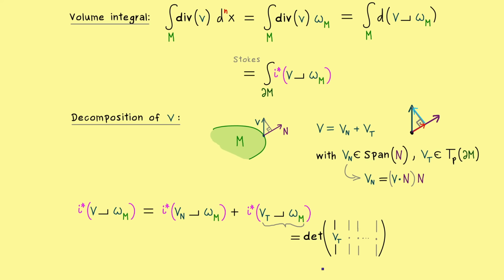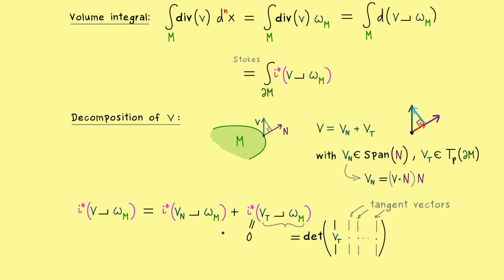And now the thing is that Vt is already a tangent vector, and all the other columns also have to be filled in by tangent vectors. And since our tangent space is only n-1 dimensional, we know that these vectors are always linearly dependent. So no matter which tangent vectors we put in, this determinant will always give us 0 as a result.